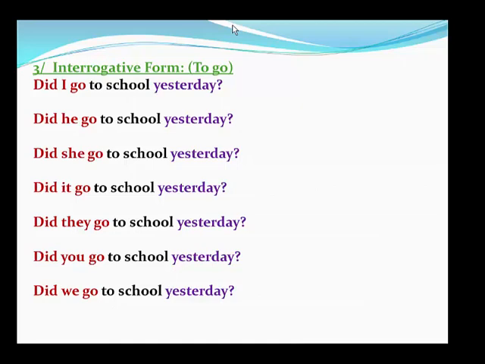So, the auxiliary verb do in the simple past is did. I start my sentence with did, then I write the subject, I, then the base verb go. Okay? And don't forget to write the question mark at the end because it's interrogative. Did I go to school yesterday?